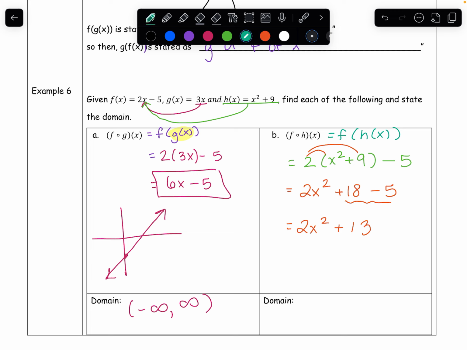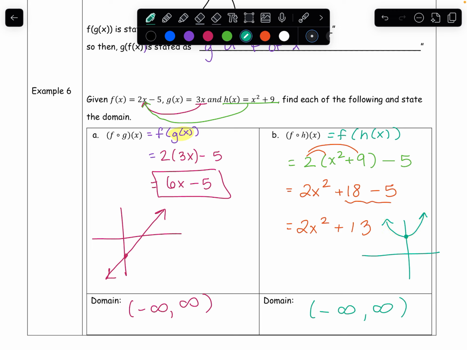Now, the x squared might be a little problematic for some people. However, if we think about this graph, it's a parabola. Our graph would look something like this. There's our y-intercept, and so it doesn't actually really matter because it's a quadratic, and a quadratic, no matter what you do, will always be -infinity to infinity.